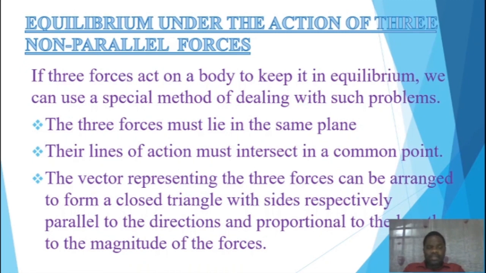That means the bigger force will be represented with a longer side of the triangle, while the smaller force will be represented with a shorter side. In this case, all the forces must maintain their direction.